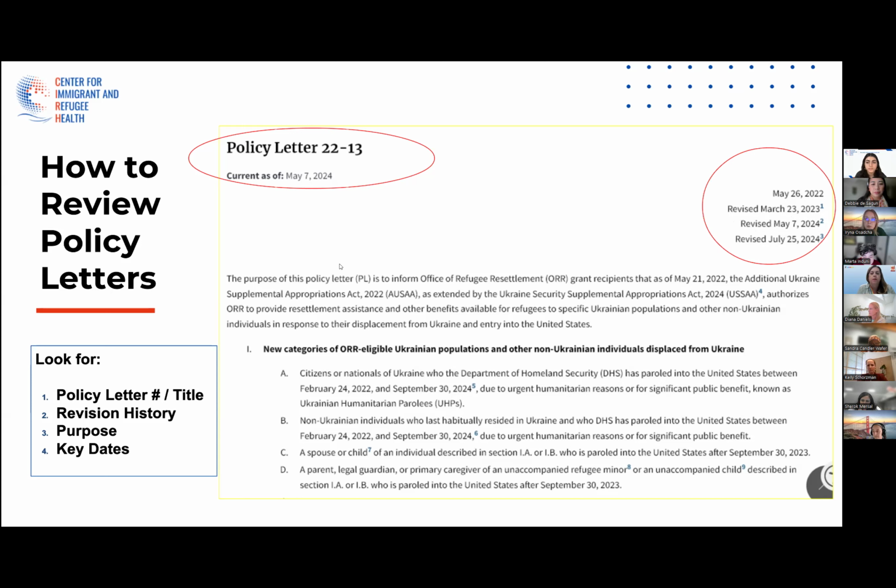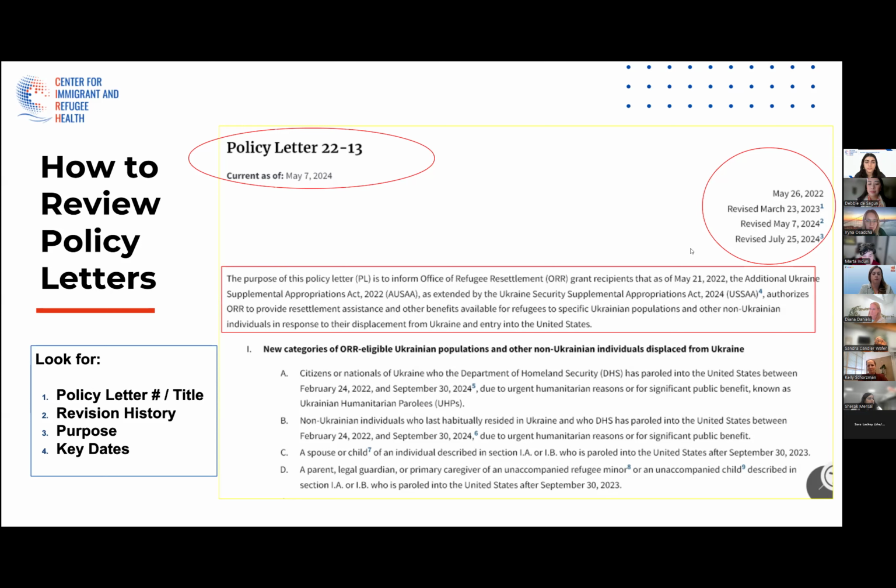And it's important because sometimes you can find an old version of a policy letter. So to find the latest updated version, it's usually located on our website. Another important piece of a policy letter is its purpose.